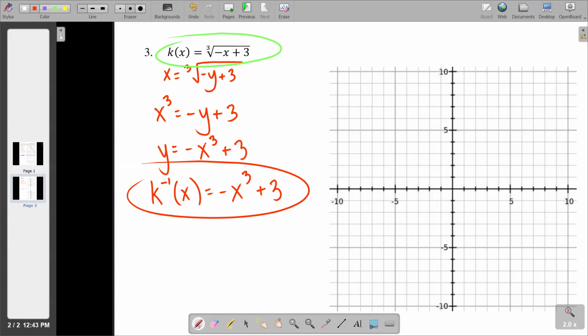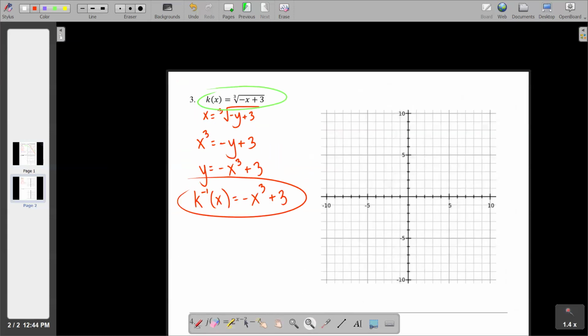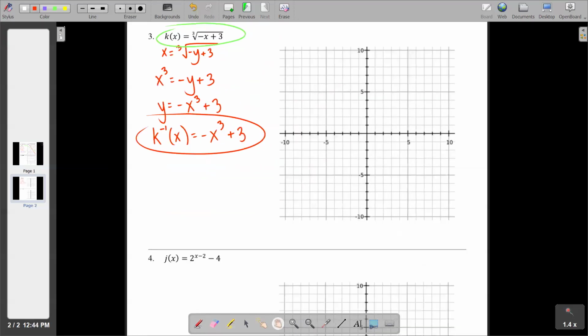So my table is going to be, I'm going to zoom out just a little bit so I can fit a little bit more on here. I'm going to make a table that looks like this. I'm going to write x on the left side, and I'm going to write k of x on the right side. And I hope this isn't confusing.